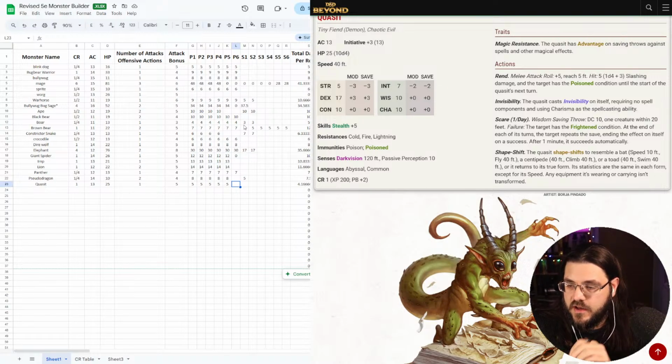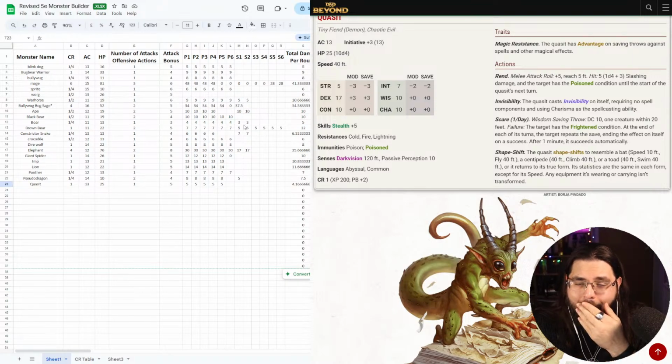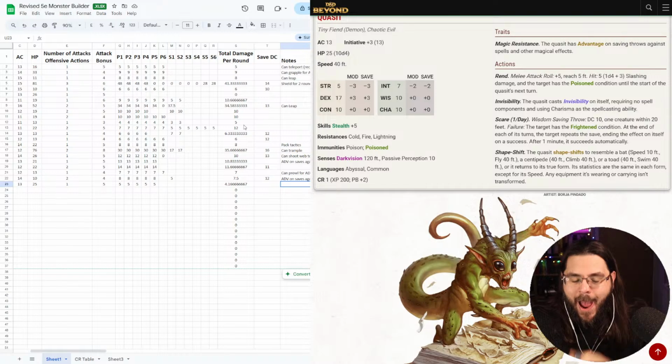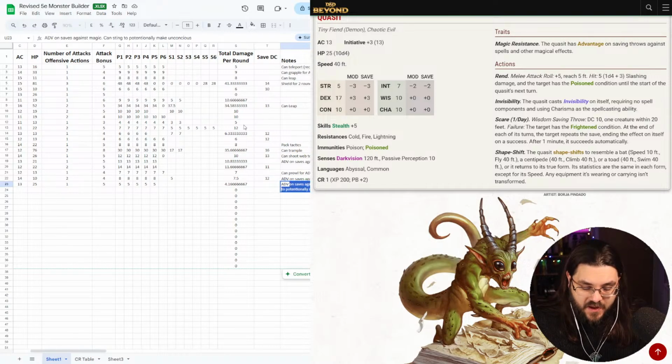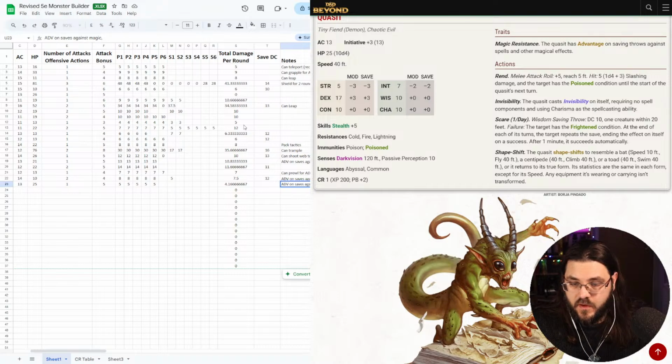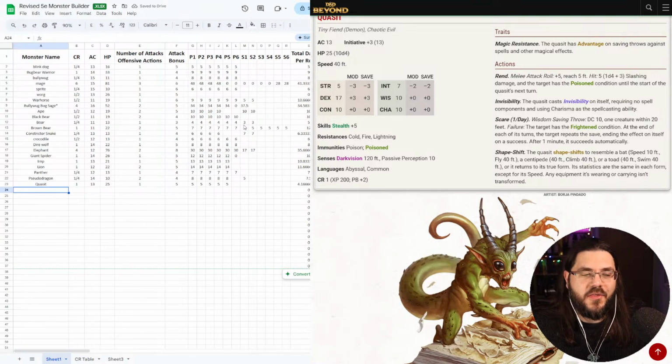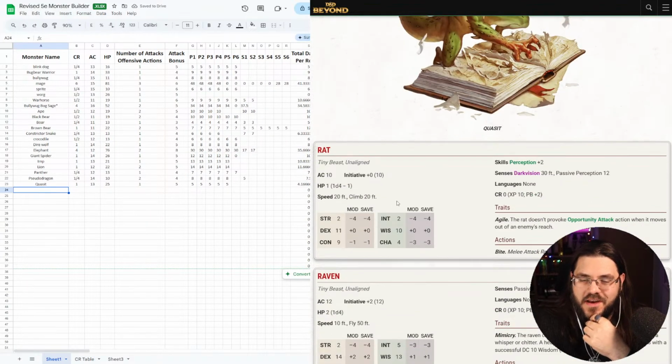Gives them the frightened condition, doesn't do any extra damage while it does that. It can change shape, it can go invisible. None of that is particularly damaging. Quasit does very little in terms of damage, but it does get advantage on saves against magic. Shape shift, be invisible. So Quasit seems like the utility choice rather than the damage choice.